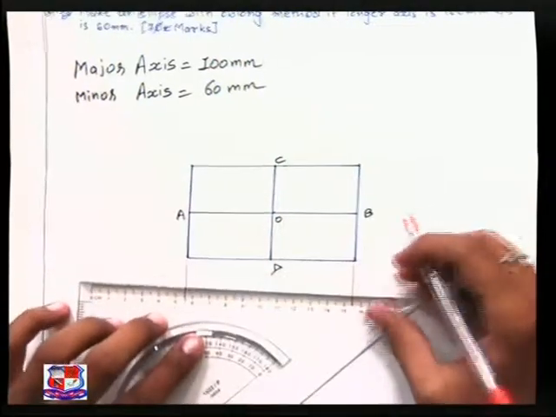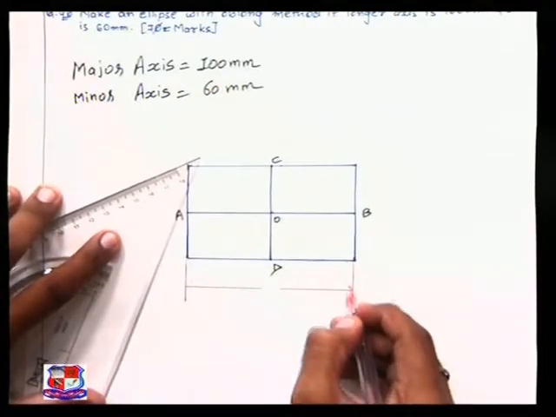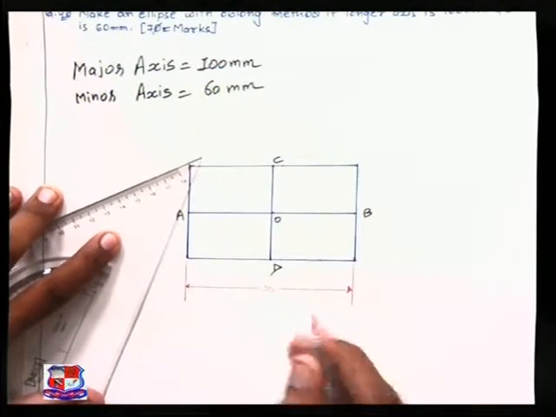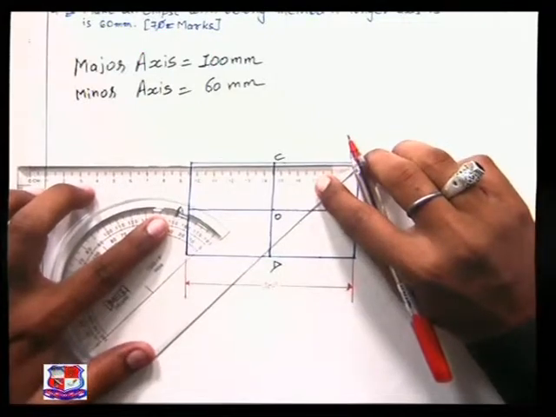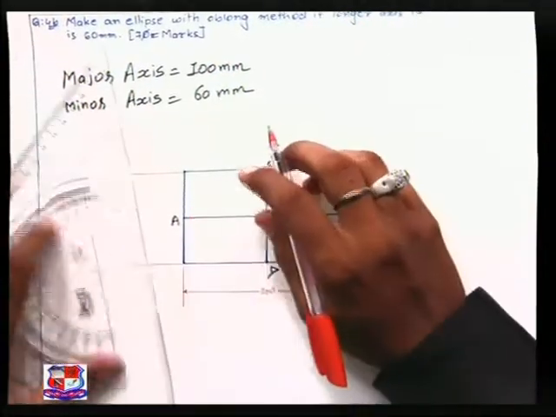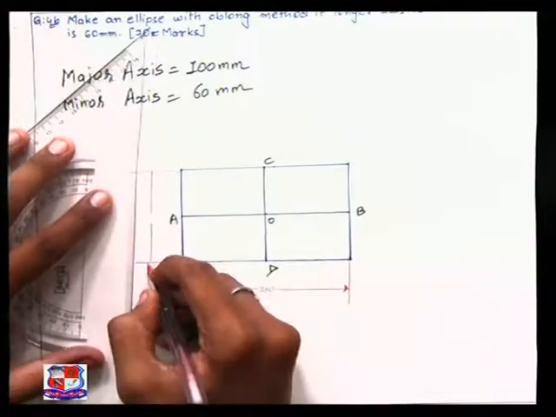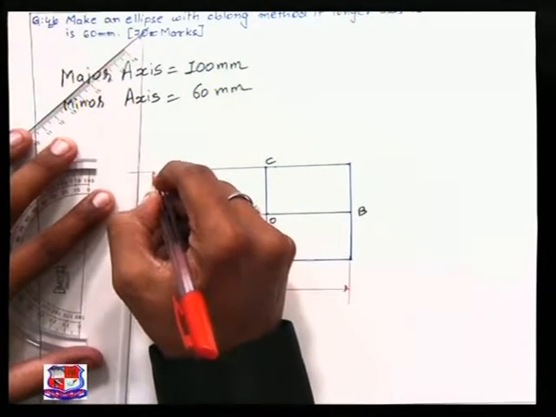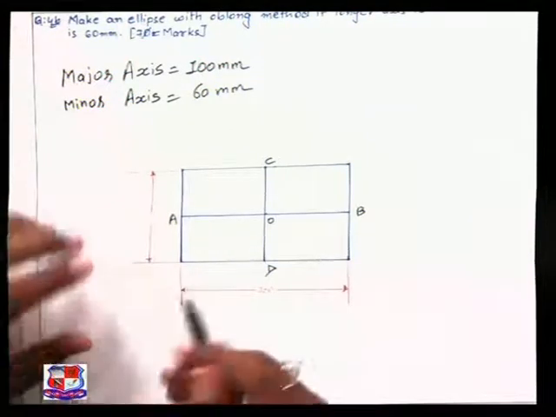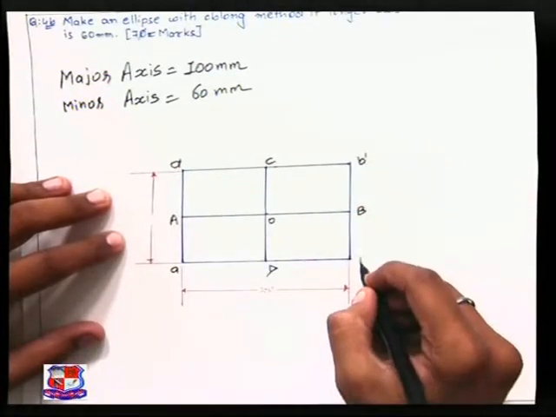Dimension of the major axis is given as 100 mm, and dimension of the minor axis is given as 60 mm. Give names A dash, B dash, B.